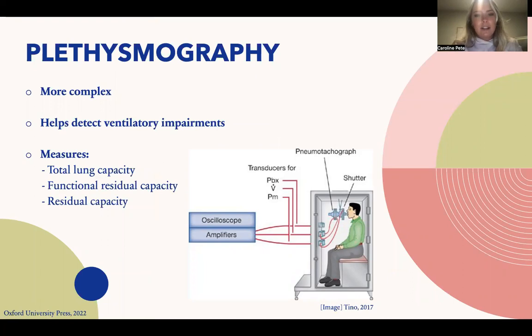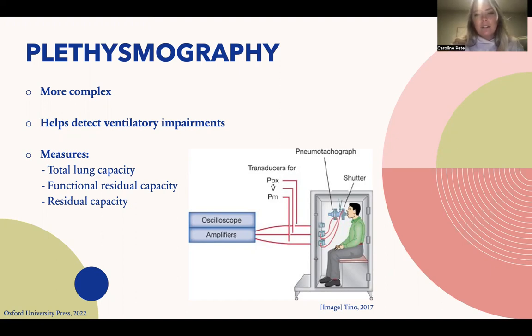Plethysmography is another slightly more complex method of pulmonary function testing that helps a physician identify the amount of air in a patient's lungs after they complete a deep inhale. It also allows them to determine how much air stays in the lungs after they complete a deep exhale.